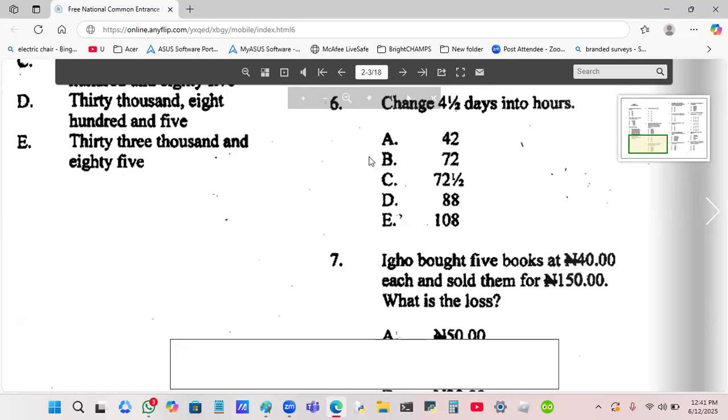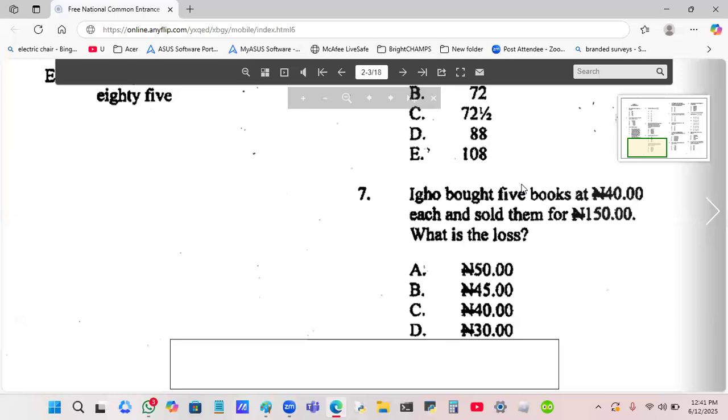Loss equals 50 naira. Is there 50 naira there? Yes, there is. So the answer is A.